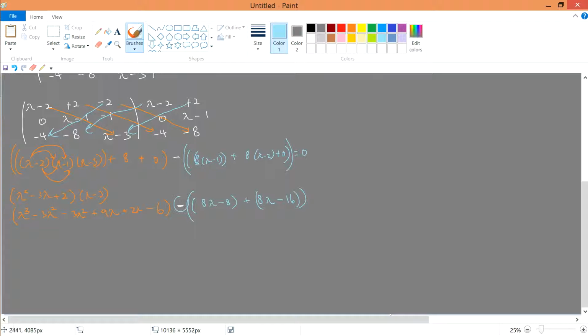You're going to multiply it into each of these terms, because this minus applies to the sum of the whole blue color stuff. So when I put this minus into them, I will have minus 8 lambda plus 8, minus 8 lambda, and minus 16 becomes plus 16.